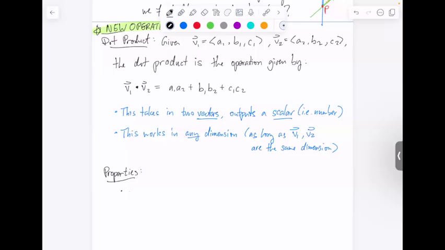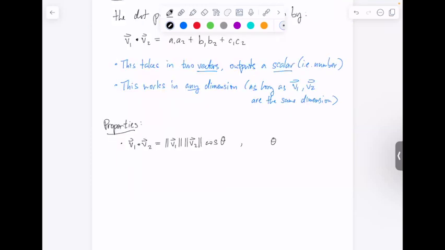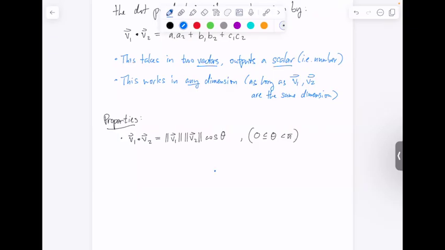The property is that the dot product of V1 and V2 is the same thing as the magnitude of V1 times the magnitude of V2 times cosine of the angle between them, where theta is taken between 0 and pi. What's the diagram of this? It's telling you that if I have two vectors, vector 1, V1, vector 2, V2, let's draw an imaginary line along the direction of V1.